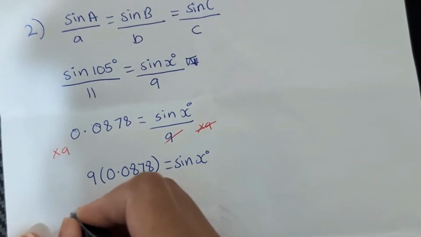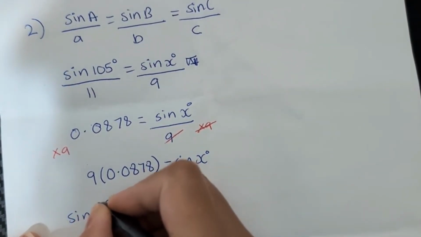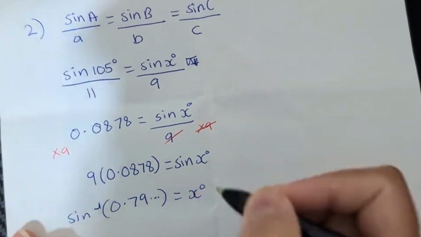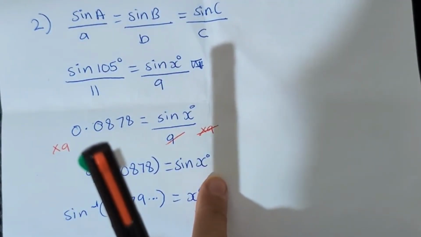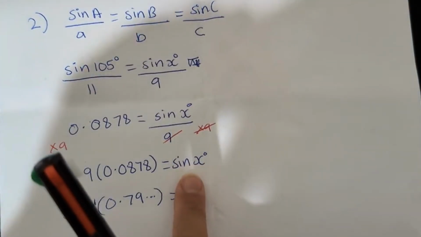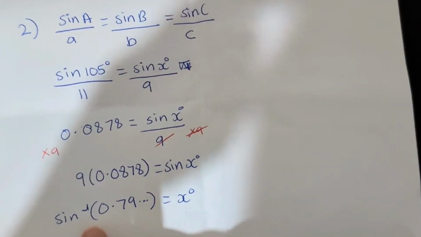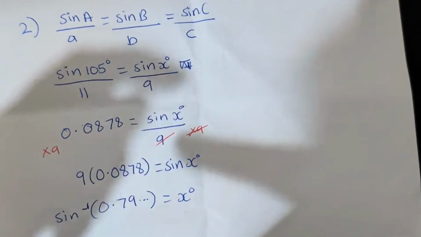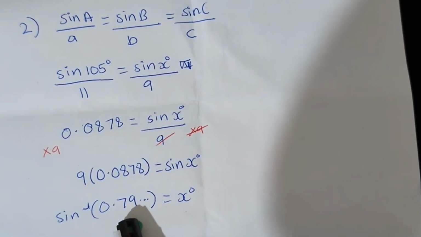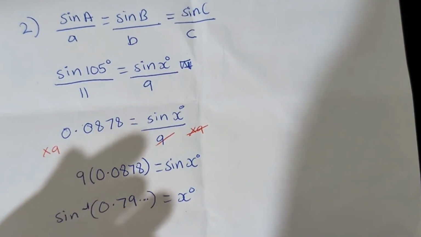And again what I'm going to do is this inverse of sine for that, okay, because again I've got to take my sine to the other side. X stays as it is. So here it was sine x degrees. So when I take it to the other side, I've got to do inverse of the sine function. So inverse sine of 0.79. Okay, of course that will be done on the calculator.